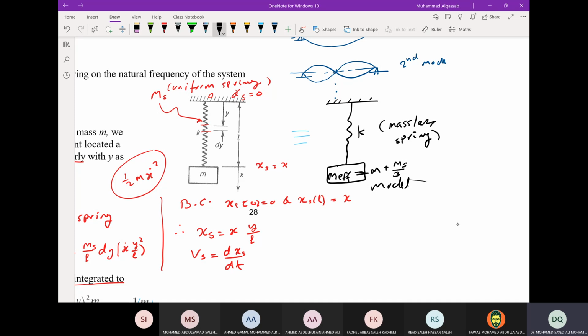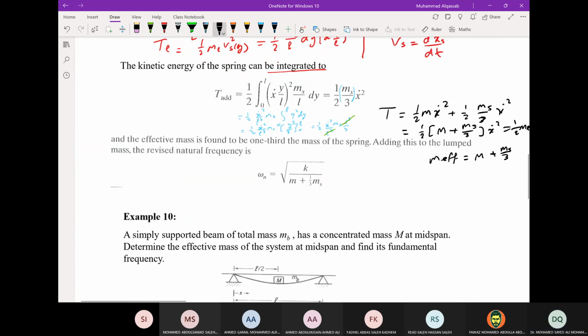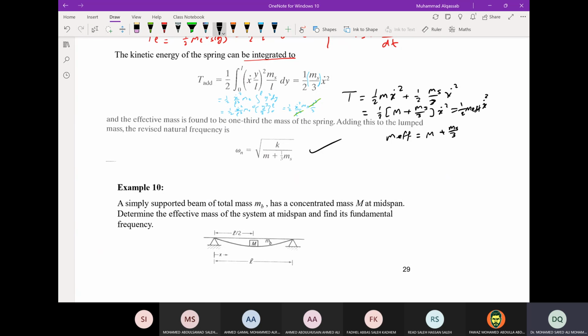But this is our model, the massless spring with M. So we are finding an equivalent system to the original system at the location of the attached mass. So this is the correct equation if the spring mass is not neglected.